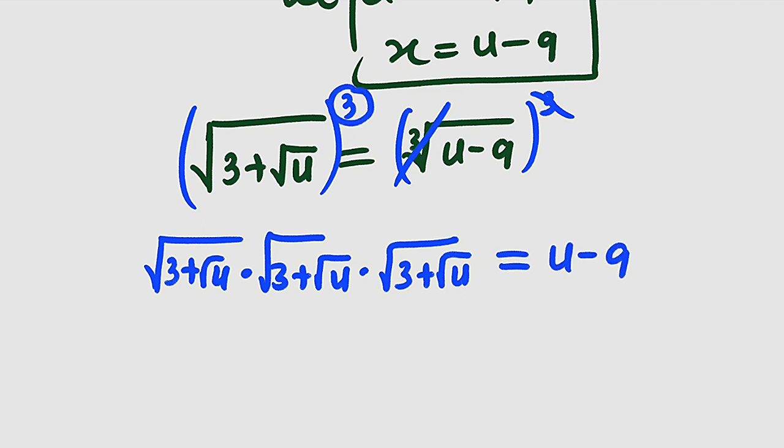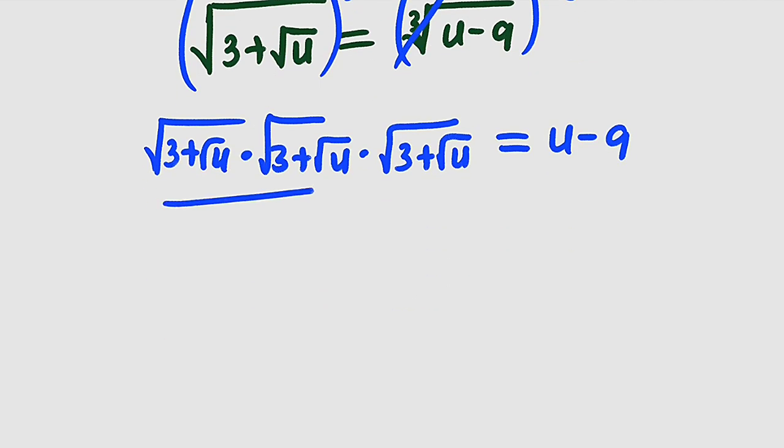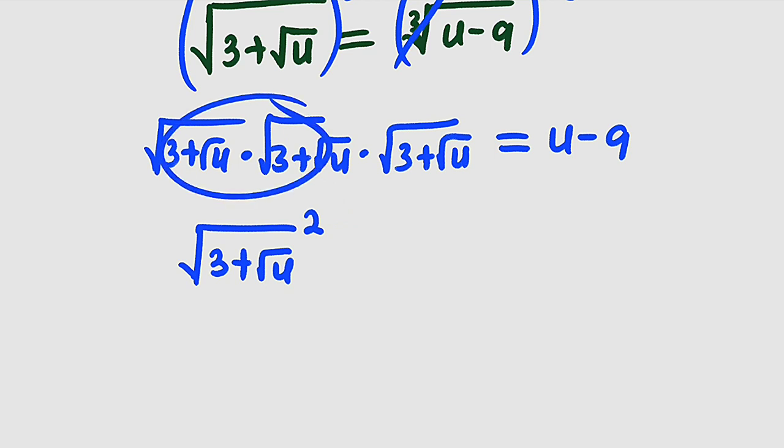Because it has a power of 3, therefore we have to raise this one to the power of 3. It means we should take the base and multiply by itself in 3 places. So if you consider the first two here, we have the square root of 3 plus square root of u squared, because there are 2, right?